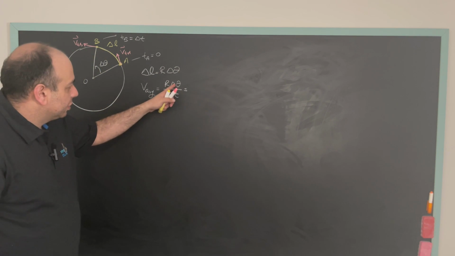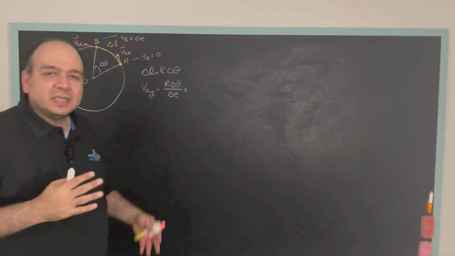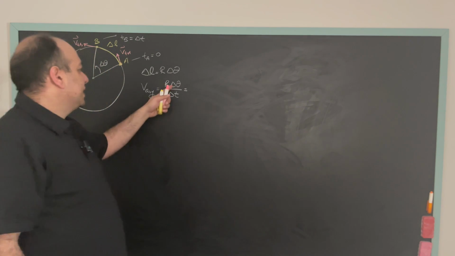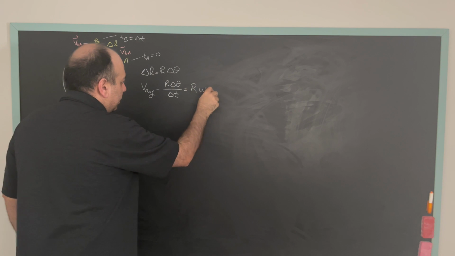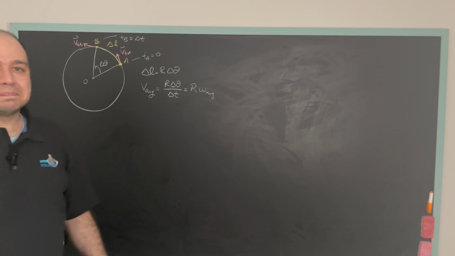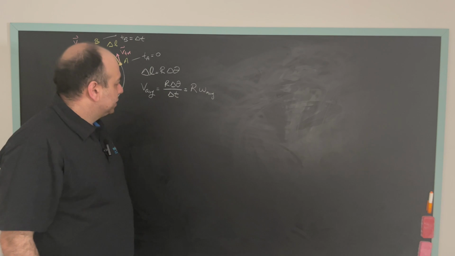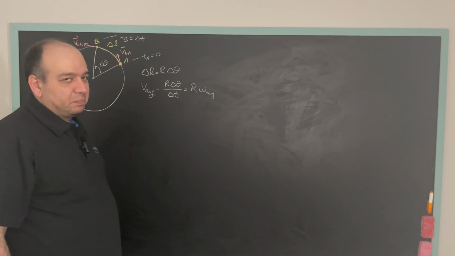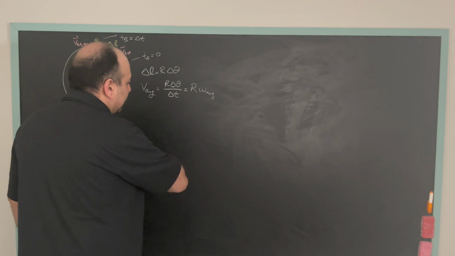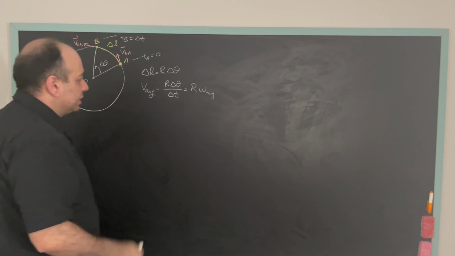However, let's look at this term, delta theta over delta T. It seems like a measure of how fast theta changes. So I simply call it angular speed. Omega average is defined as delta theta over delta T. So this is an angular quantity which is called angular speed.